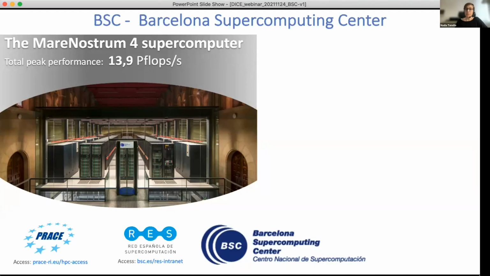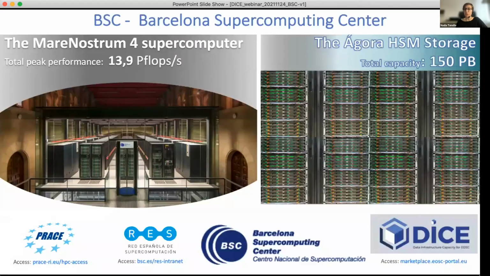And because of that, we also have a huge system for storage that is connected not only to the supercomputer, but also to cloud storage. We are offering this storage both at national level, inside the codes of the supercomputing network, but also with DICE to any researcher in Europe and beyond that wants to access part of this storage.